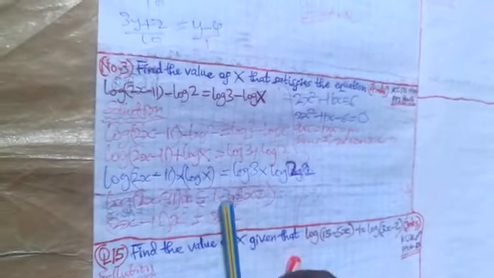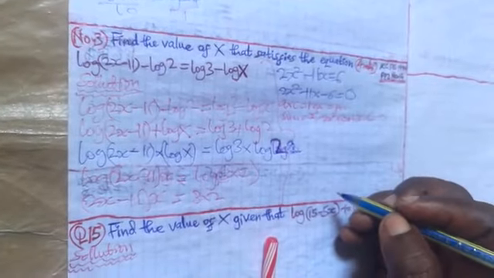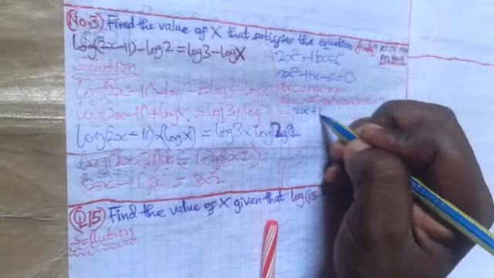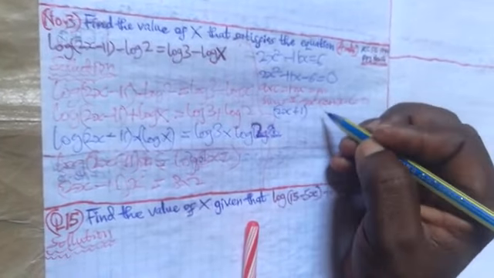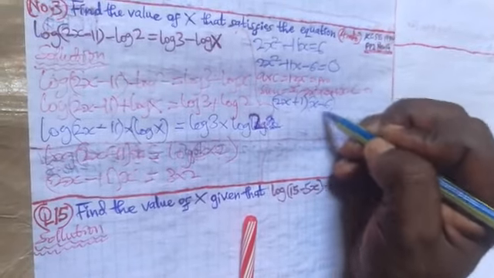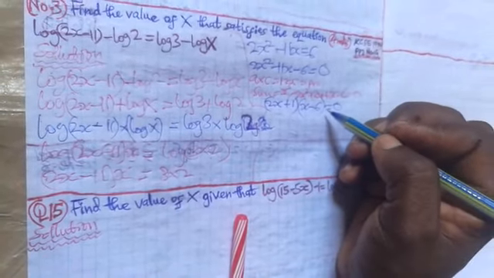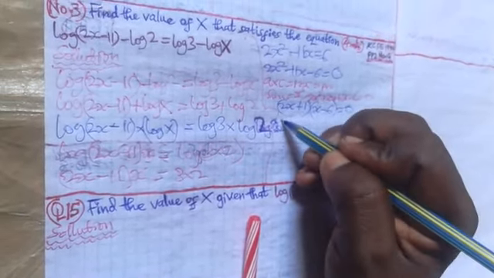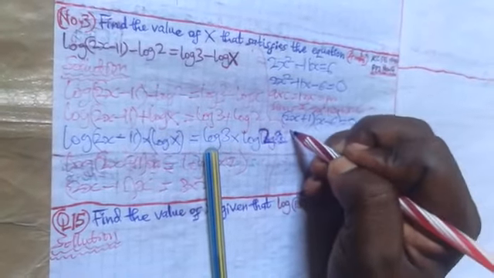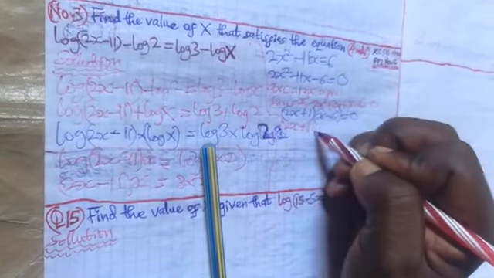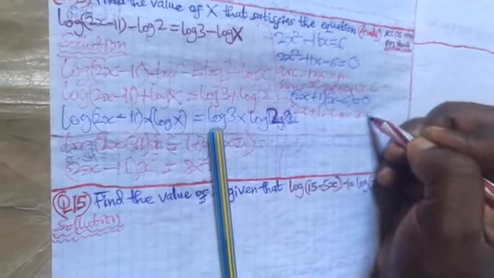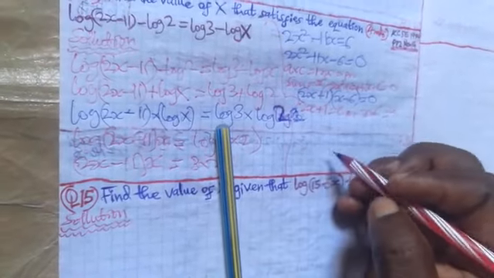This will give us 2x plus 1, in brackets, x minus 6, in brackets, is equal to 0. This will give us 2x plus 1 is equal to 0, or x minus 6 is equal to 0.